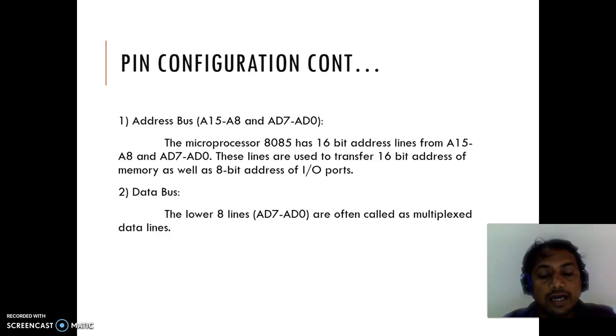This address bus is used from pin number 12 onwards, and it extends till about 28. A total of 16 pins are dedicated for this one. How these are dedicated, we'll see.